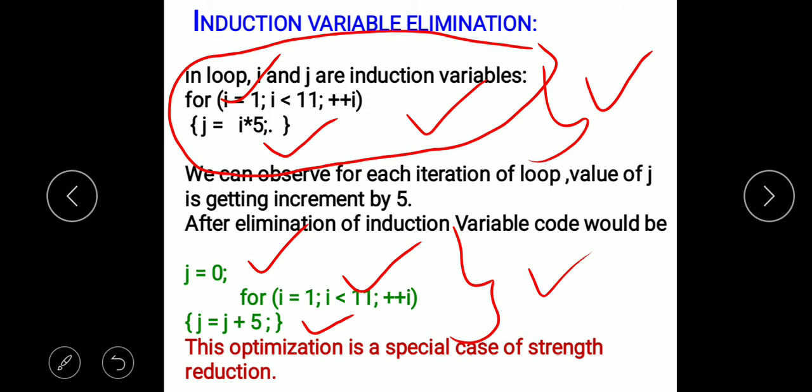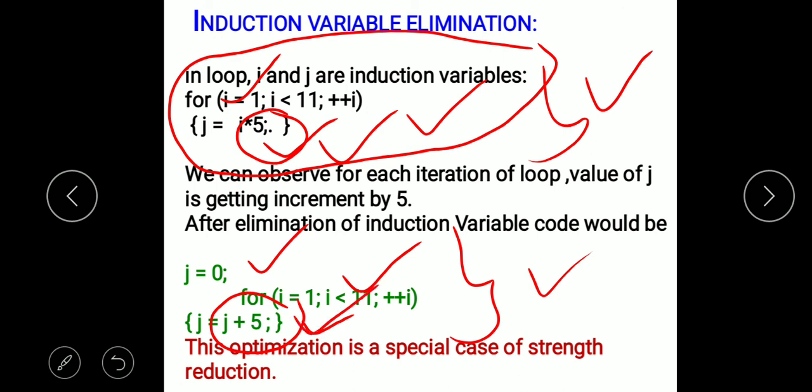So we know this multiplication operation is costlier as compared to addition. As we have already discussed in the strength reduction code optimization technique, multiplication is expensive. It means it takes more time to execute as compared to addition.